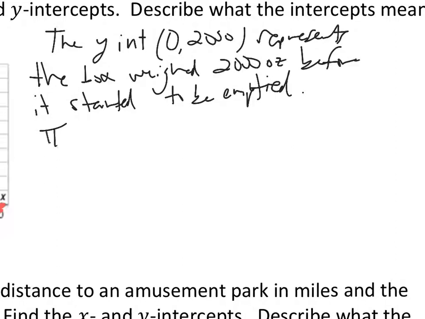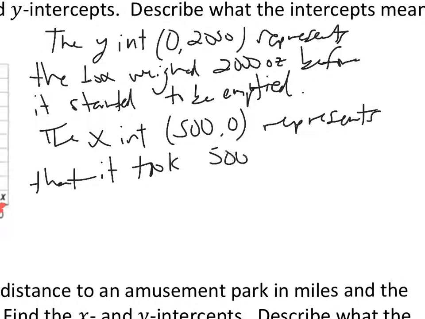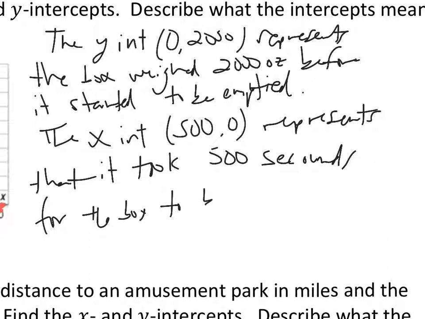Then the x-intercept, and that's at 500, represents that it took 500, and the x-axis is labeled in seconds, so it took 500 seconds for the box to be emptied, or y is 0. And that's all that we need to say.